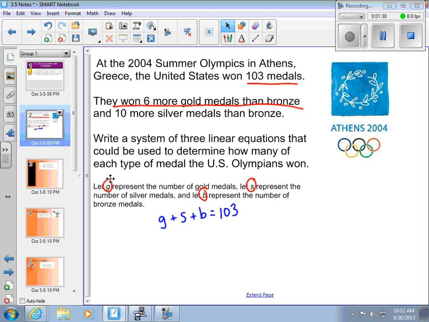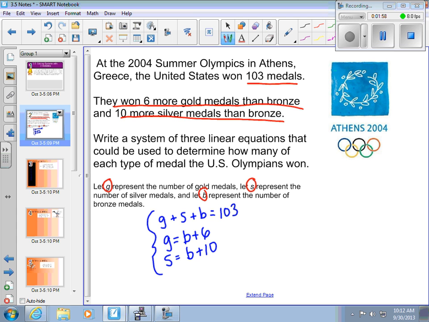So we want to change that now into a statement. 6 more gold medals than bronze. So the number of gold medals equals the number of bronze medals plus 6. All right, finally, they won 10 more silver medals than bronze. So the number of silver medals equals the number of bronze medals plus 10.